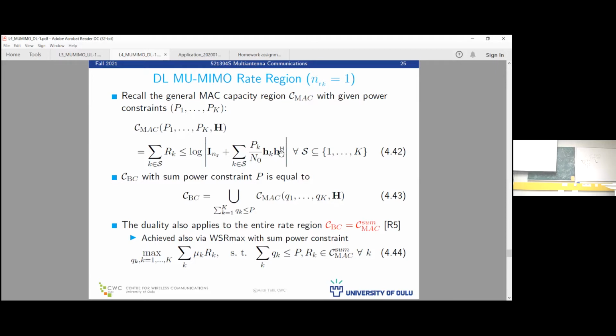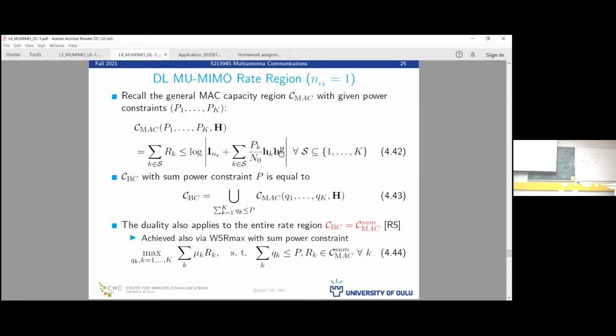And this is actually your homework. You can relax it for the multi-antenna case. Instead of having per-antenna power constraints, per-user power constraints, you have the sum power constraint. You can solve the weighted sum rate maximization given the sum power constraint.